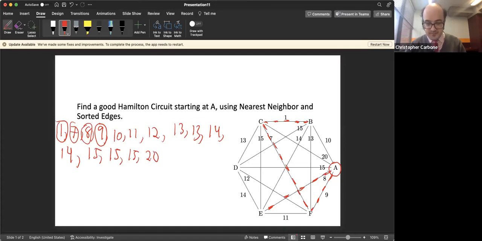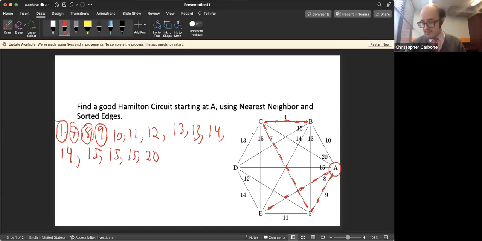The 11 down here on the bottom creates a three-way intersection. The 12 would help us go from this F over to D. But the only problem with that is, since we already have the F on here, that creates a three-way intersection, so we can't use that despite the fact that it includes D. The 13 connects B and F, which creates a subcircuit.